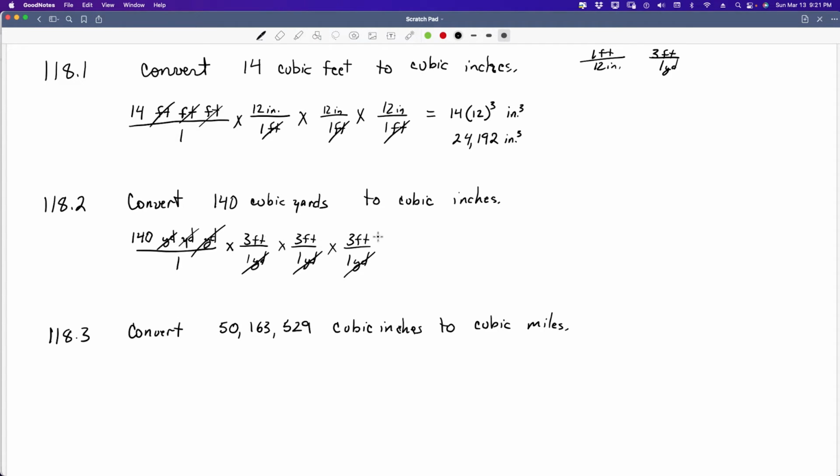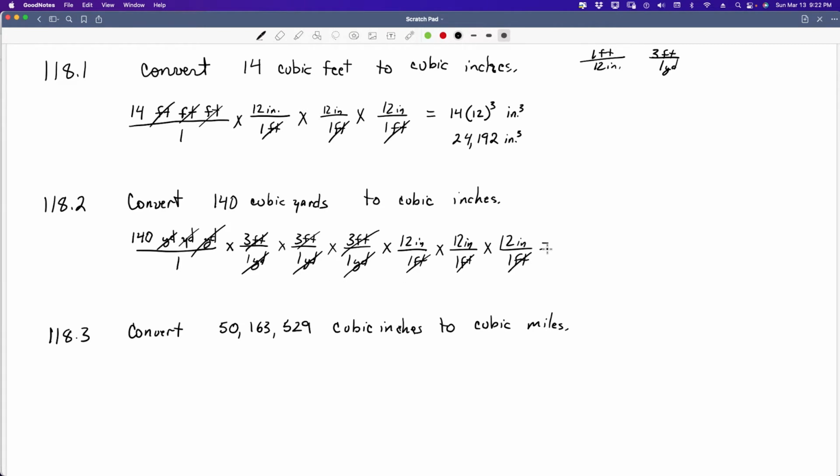Now we have to go from feet to inches. So we repeat what we did in the previous problem when we say 12 inches over 1 foot. That cancels this foot. Times 12 inches over 1 foot, that cancels that unit of measure. And the final one is 12 inches over 1 foot, and we cancel that unit of measure.